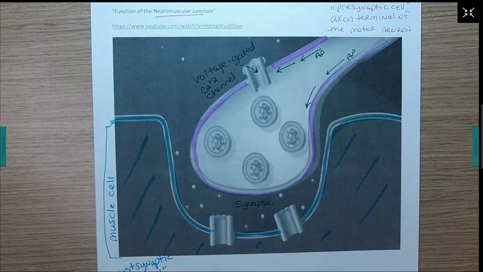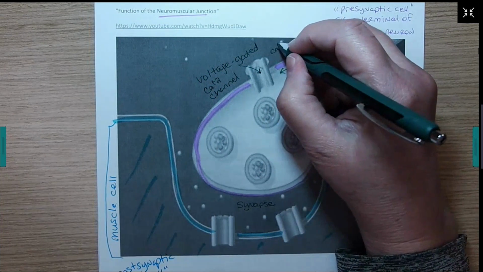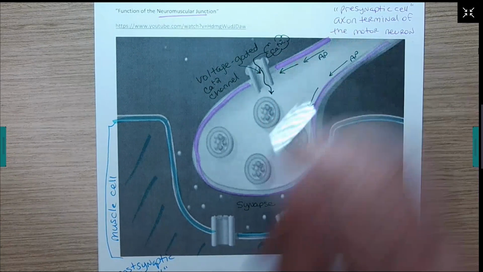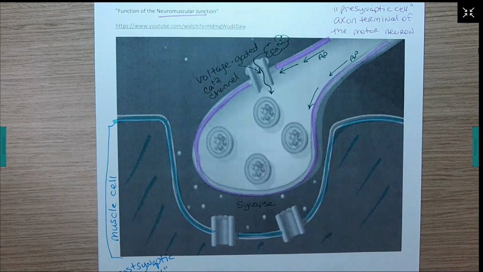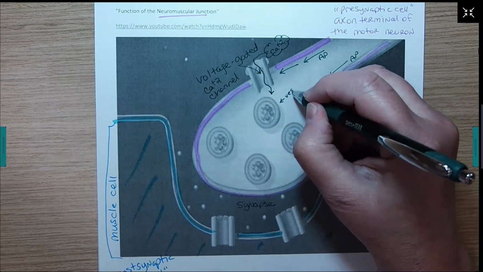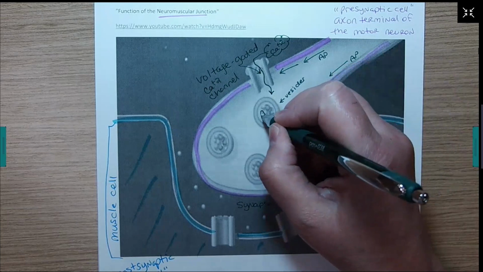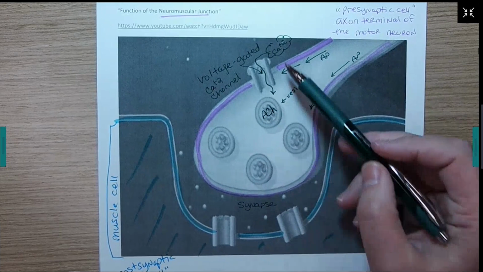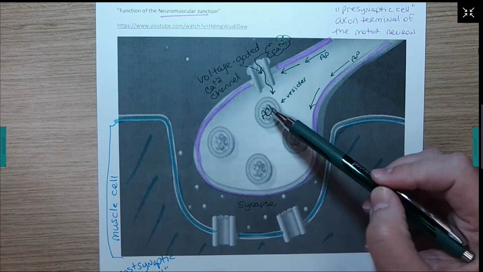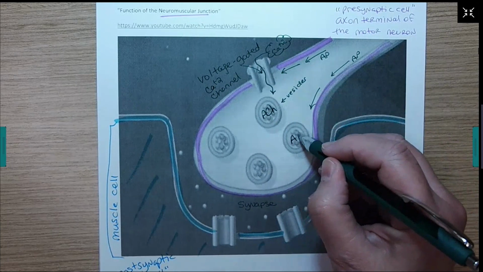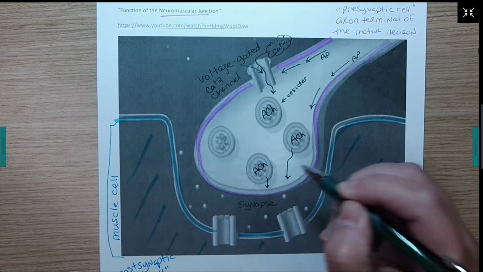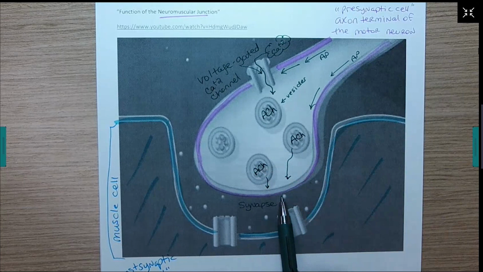So when the action potential arrives, calcium will go into the cell. These right here are vesicles, and they are filled with neurotransmitter, acetylcholine in this case. So when the calcium shows up, those vesicles filled with acetylcholine are going to undergo exocytosis and dump the acetylcholine into the synapse.